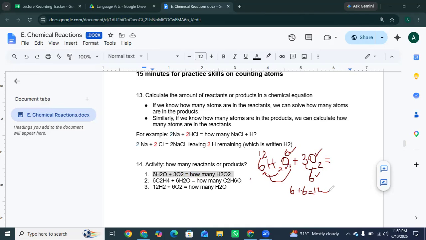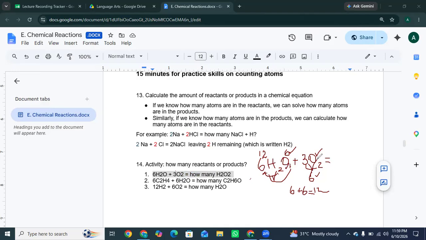Okay, so figure out the missing front number. We need to make H2O2, hydrogen peroxide. Each single package needs 2H and 2O.